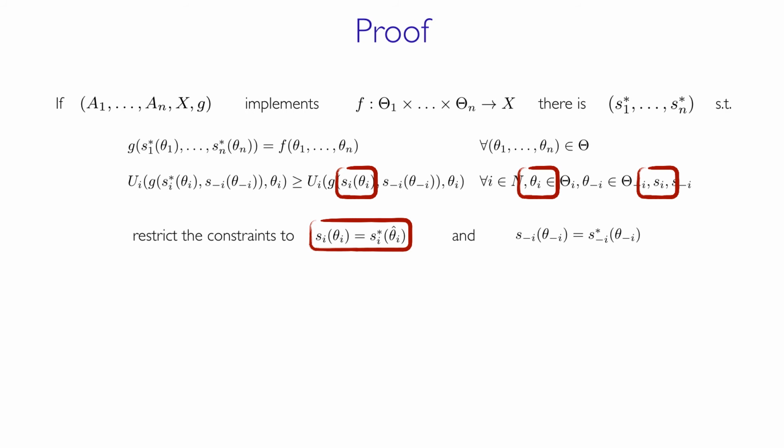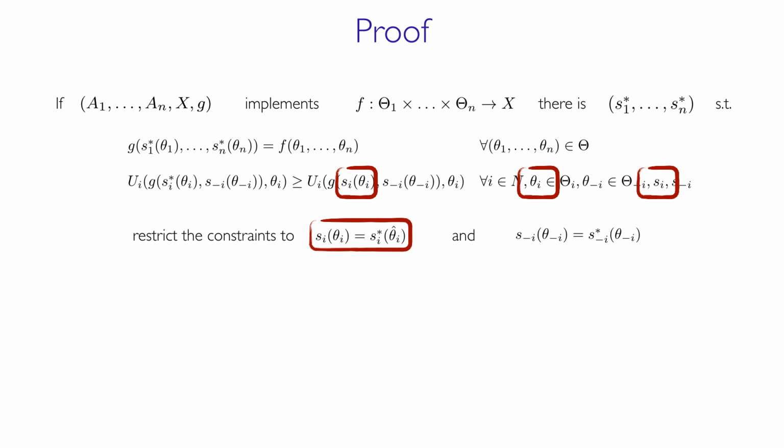Now we focus on the second condition and we relax it. Specifically, we restrict this set of constraints. Obviously, if the property holds in the original form, it holds even when we relax this condition. The first restriction is related to the strategy S that we use in the right term of the inequality.